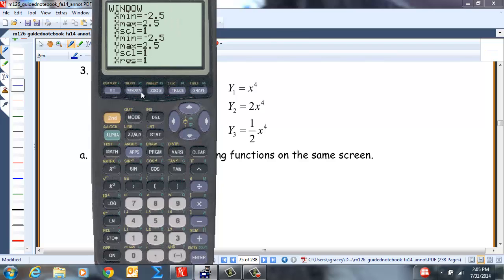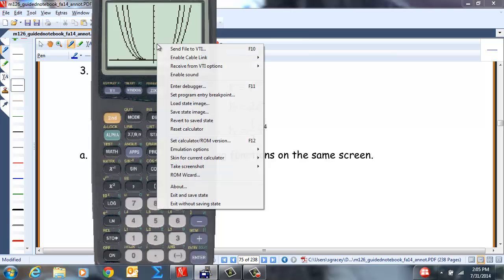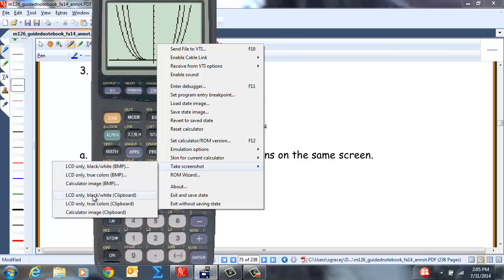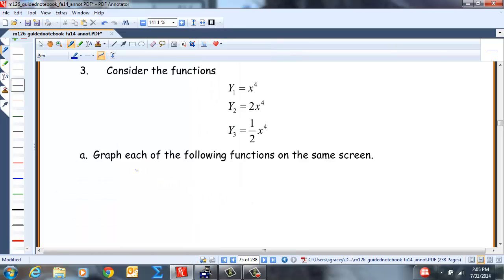Now I'm going to adjust the window because we can start the y's at like -1/2. Let's do that. And let's do our y max at, I don't know, 10. Let's see what this looks like. There we go. That's looking good.